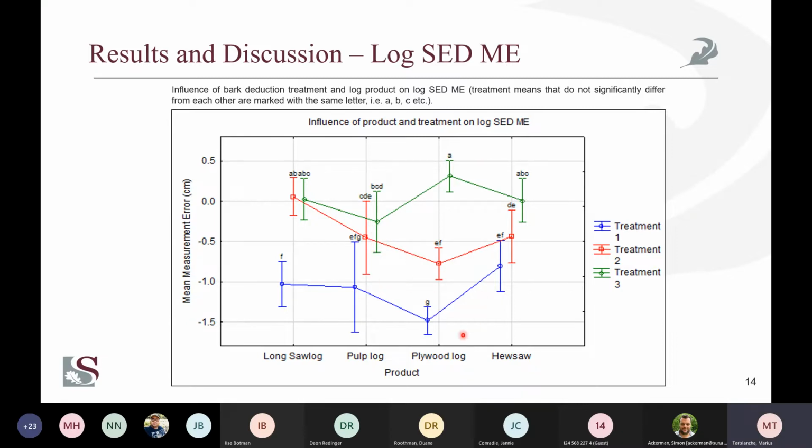The other big one was the plywood logs, which were generally the first few logs cut from each tree. Those are logs cut from the area with the thickest bark, where we also improved the harvester's log diameter estimation.